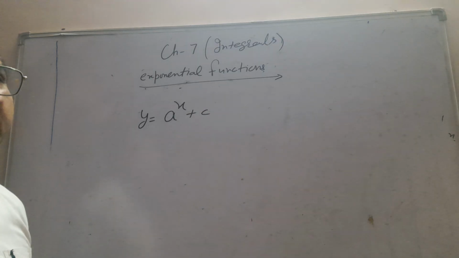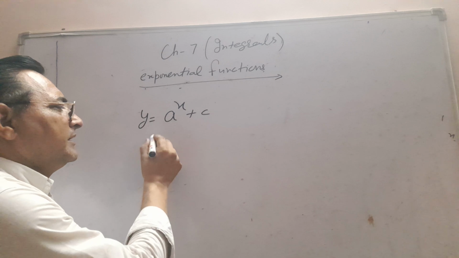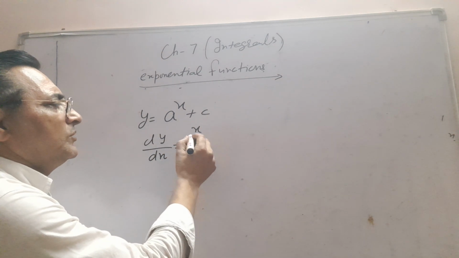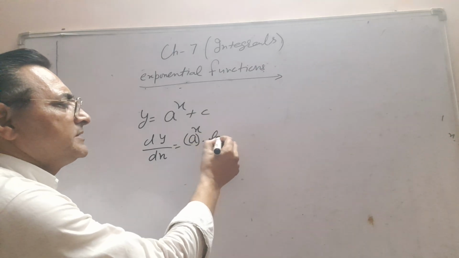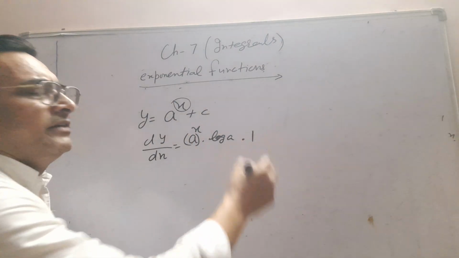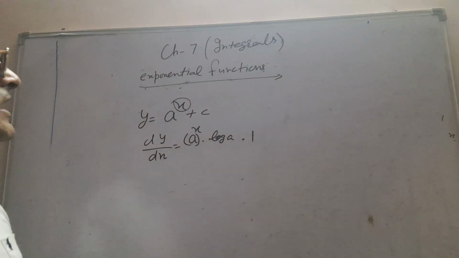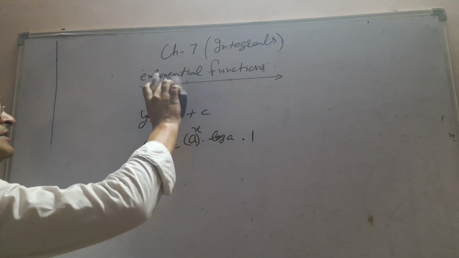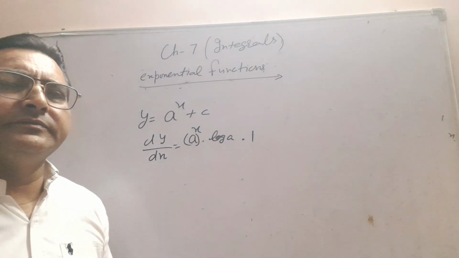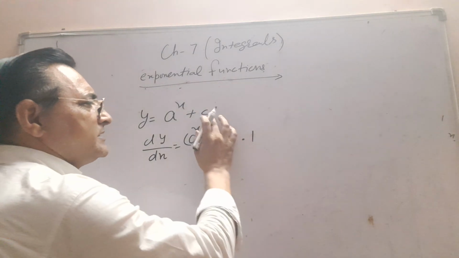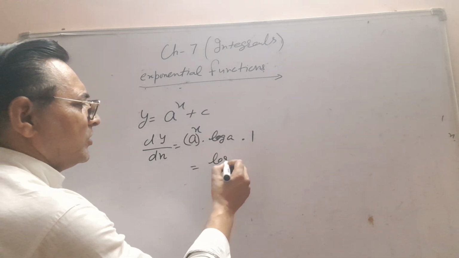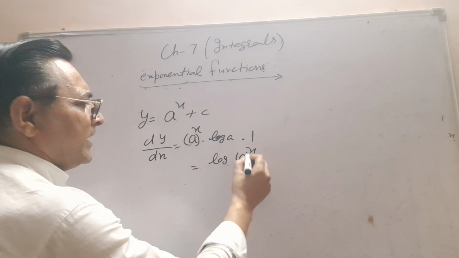As you know, its derivative is dy by dx equal to a power x into log a, the log of this base, into the derivative of x. The derivative of x is 1. This is how we take the derivative of a function whose base is constant and power is a variable. And the derivative of c is 0. Log a is a constant, so you can write log a into a power x.